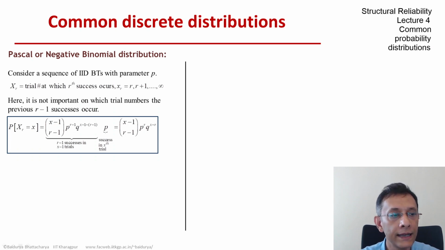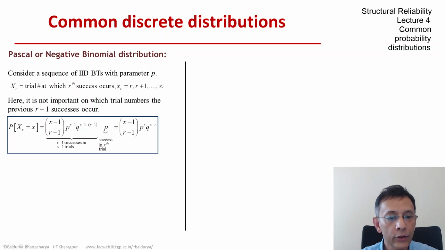So the probability that X_r is equal to that particular x is that we choose r minus 1 successes in the x minus 1 trials, and trial number x then has to be a success if X_r has to equal little x. So if you do the algebra, then the PMF of X_r is what you see on the screen.